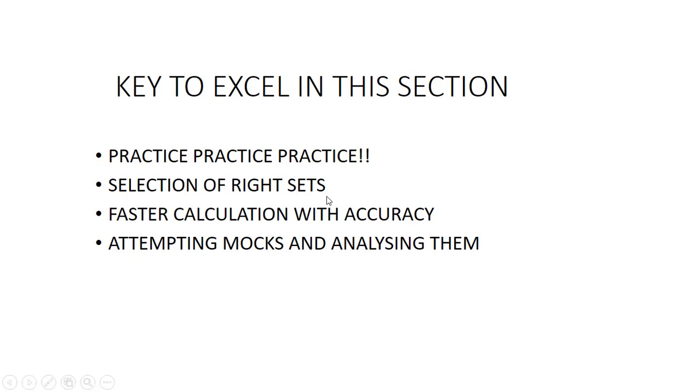The selection of the right sets in the CAT cannot be emphasized enough, because if you choose the wrong set and keep solving that, then your time will be wasted and no marks will be scored. Solve just 4 or 5 sets, and you can easily score 98-99 percentile in this section. So selection of the right sets is the key to excel in this section.